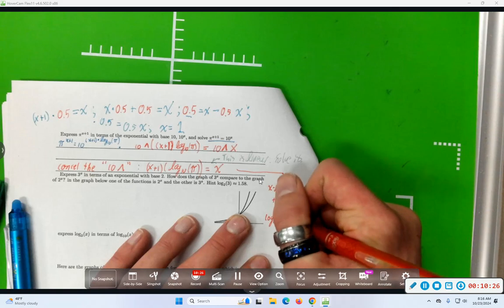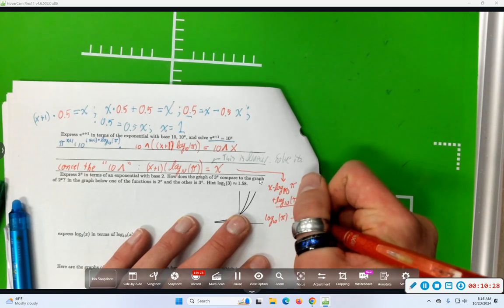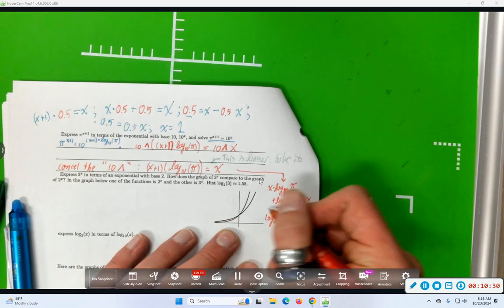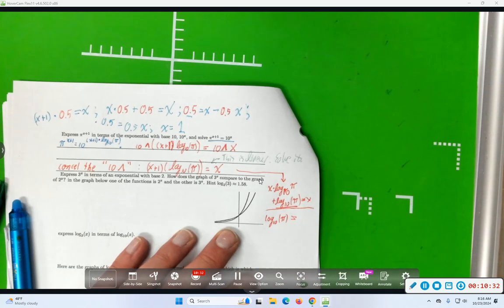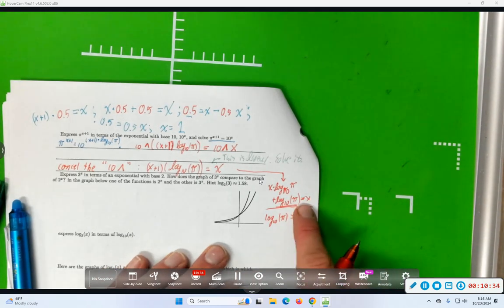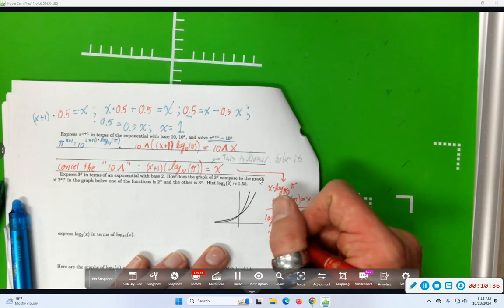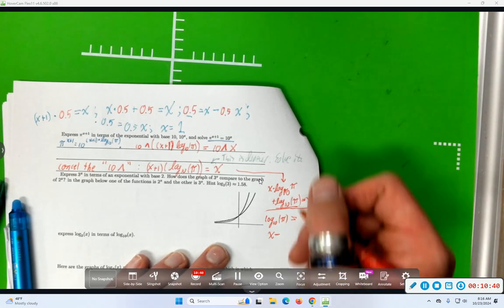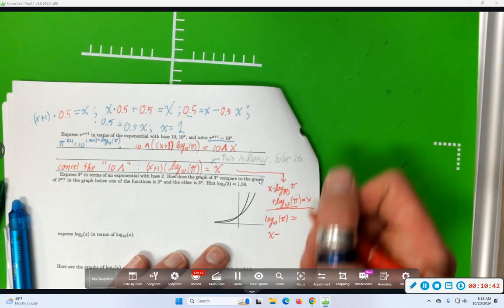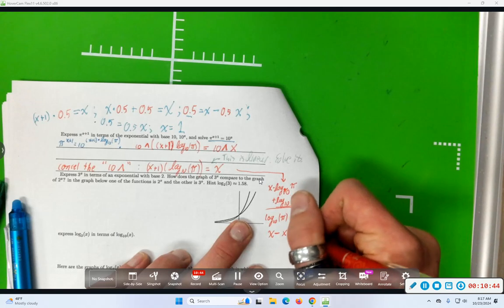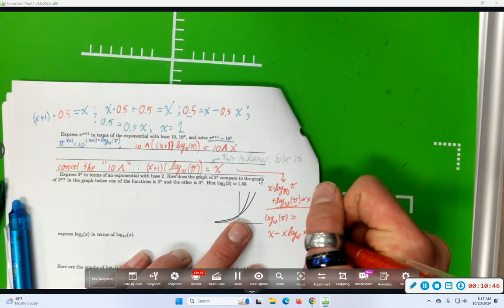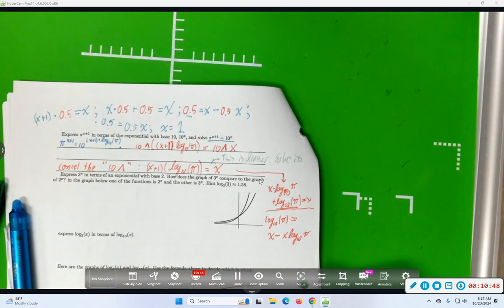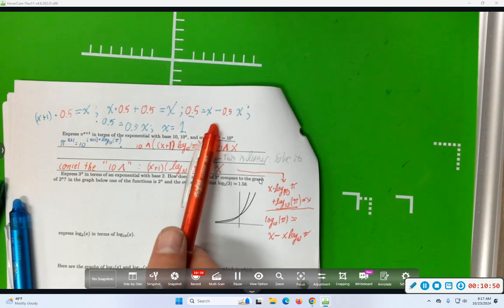Log 10 pi. And on the right-hand side you have? Well, you still have this x, right? And what do you subtract onto the other side? Nice. Cool. So that puts us at this step.